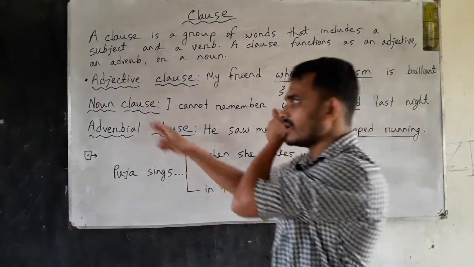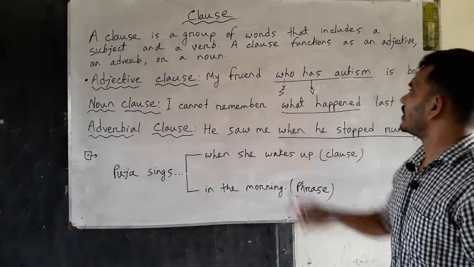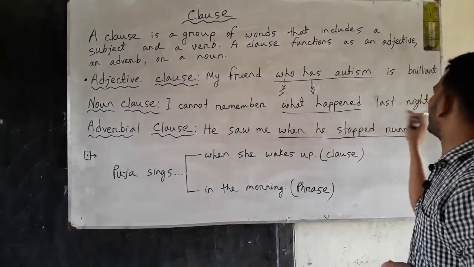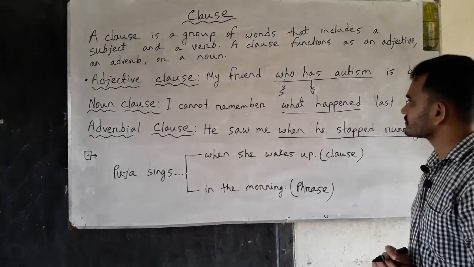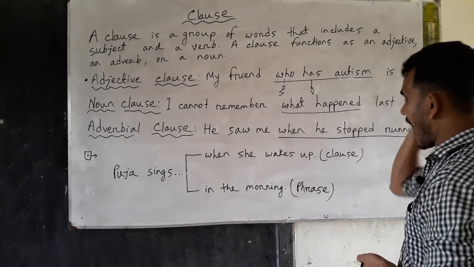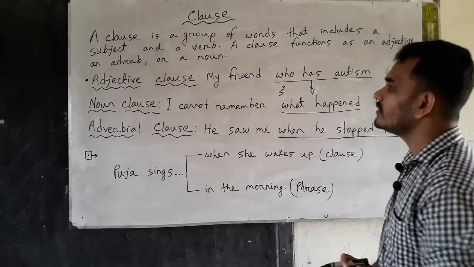Dear learners, then noun clause. Look, I cannot remember what happened last night. Dear learners, here I gave you the example.